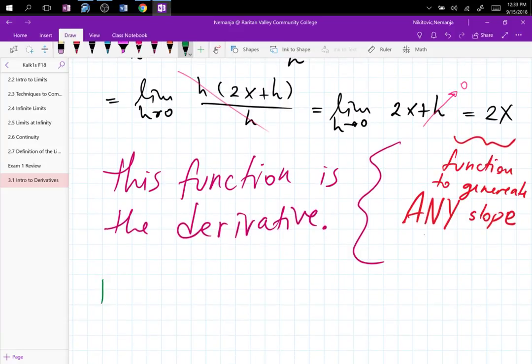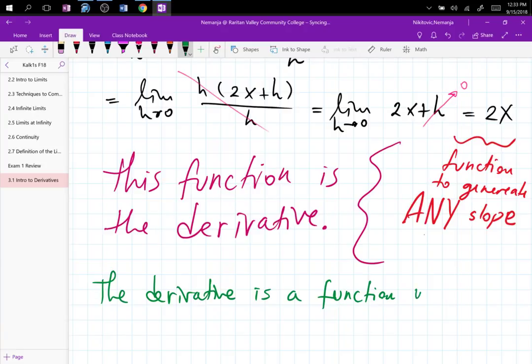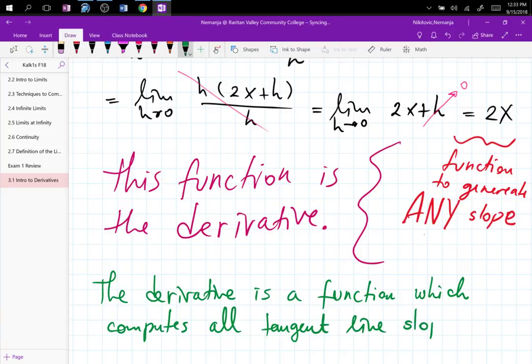So, the derivative is a function which computes all tangent line slopes.